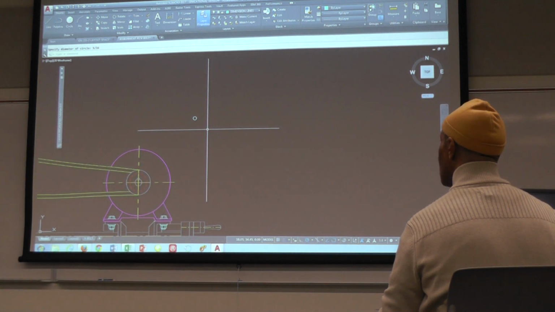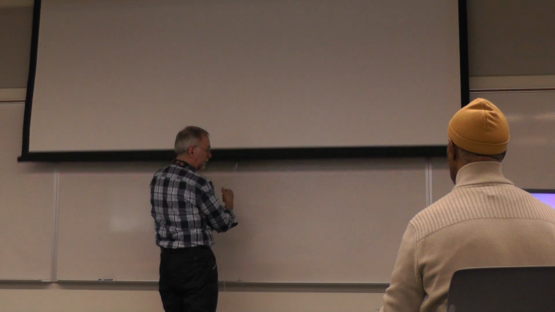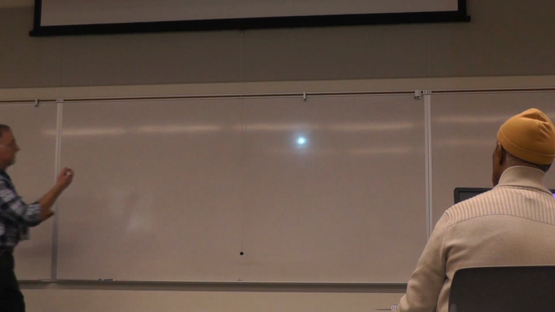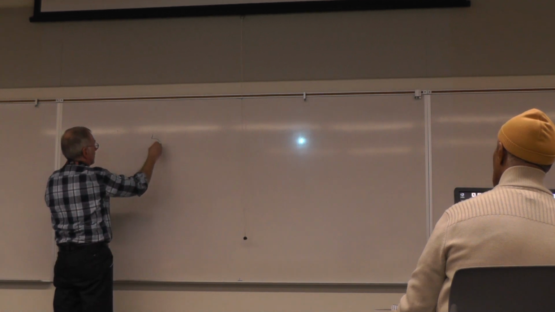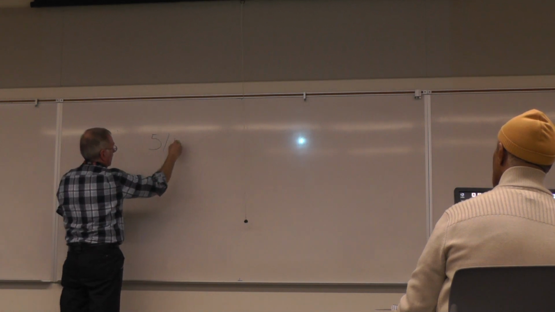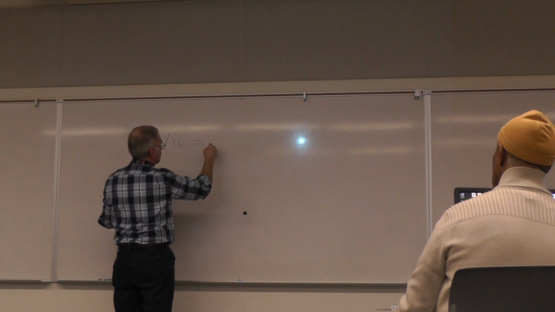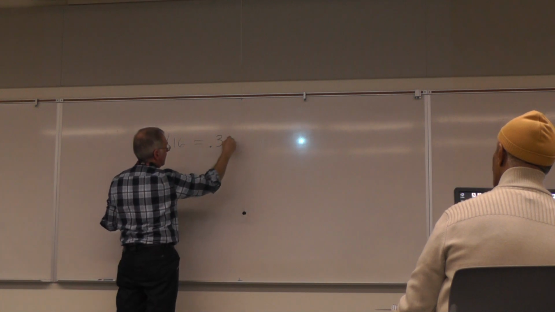And if you remember, I'm doing this for the benefit of anybody that might be watching this on the video, or if you go back and watch the video. It makes it a little nicer if it's right here in the front, rather than off to the side. All right, 5/16 is a decimal equivalent of 0.3125.